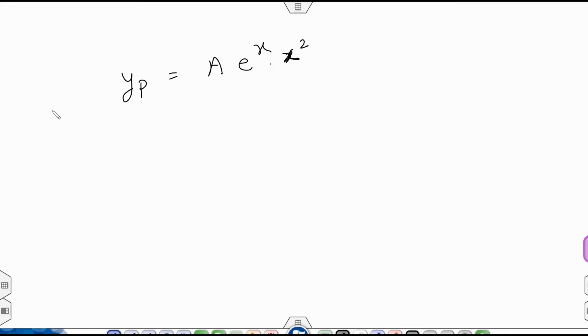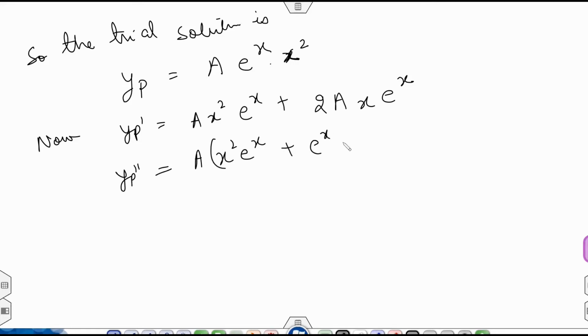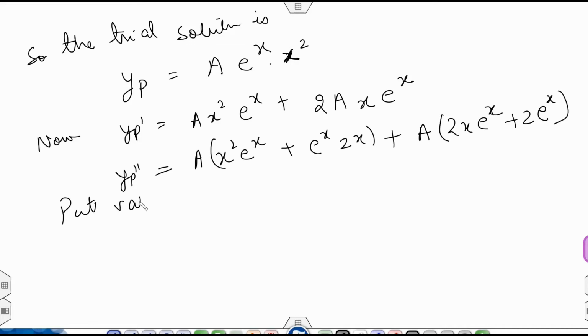So now we will consider this as the trial solution. Now you will find yp', that is a x² e^x + 2ax e^x. Then yp'' we again need to find: a x² e^x + e^x 2ax + a 2x e^x + 2a e^x. Put the values of yp, yp' and yp'' in equation number 1.